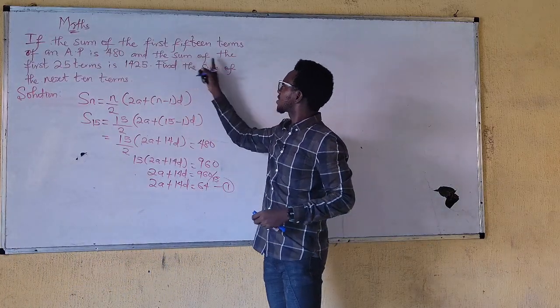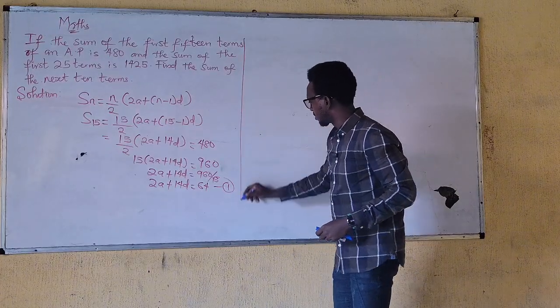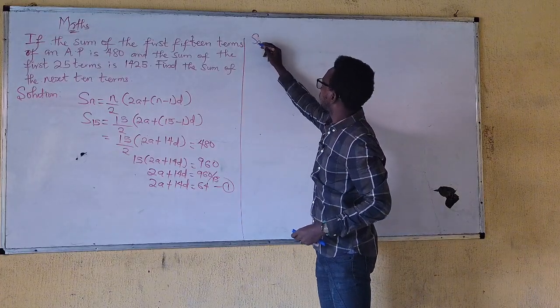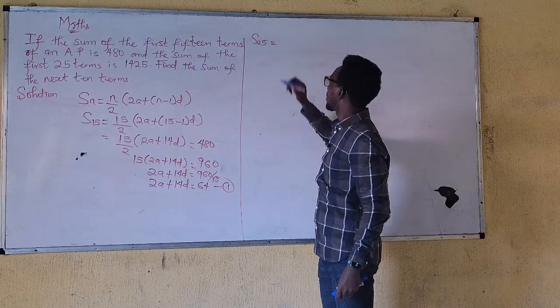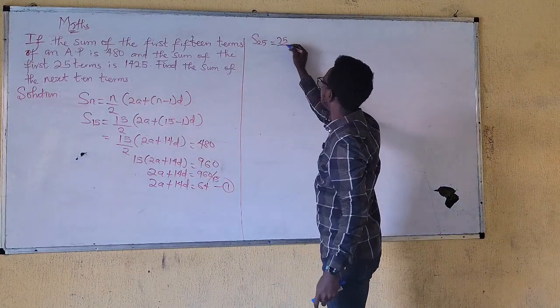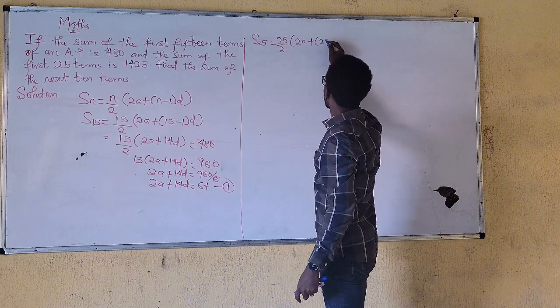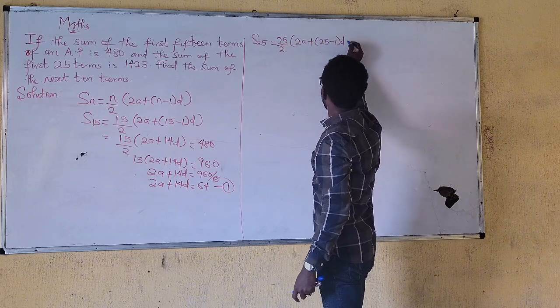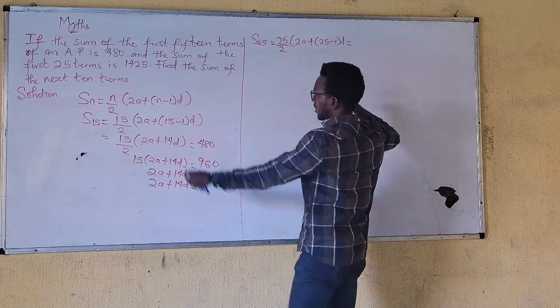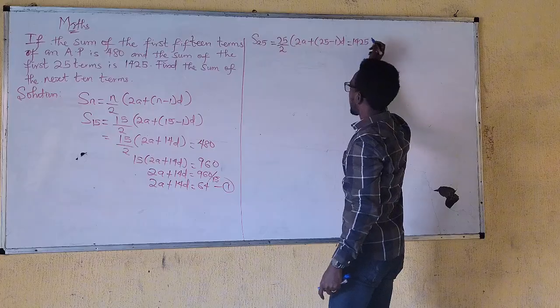It says, and the sum of the first 25 terms. So again, we have that S25 is equal to, using the formula again, 25 over 2, bracket 2a plus 25 minus 1, bracket d. Now, it is equal to 1425.